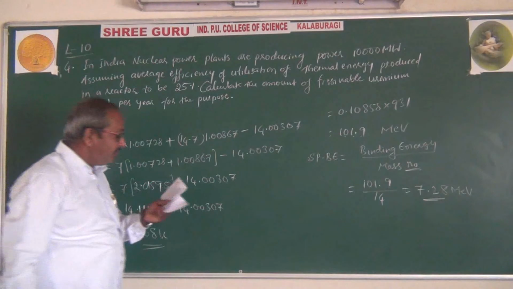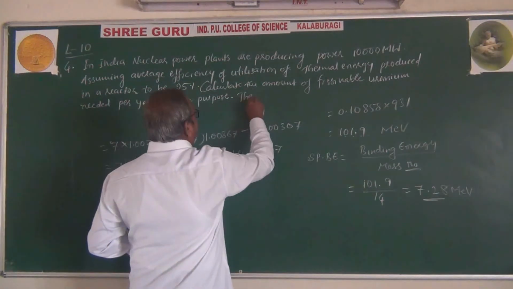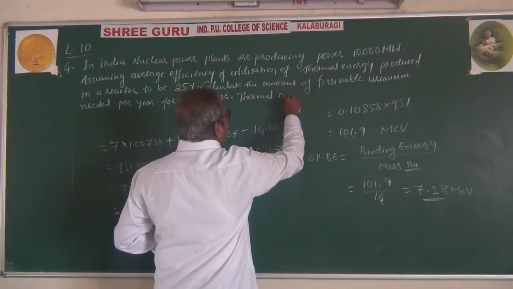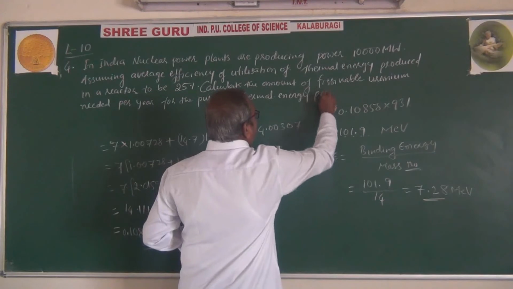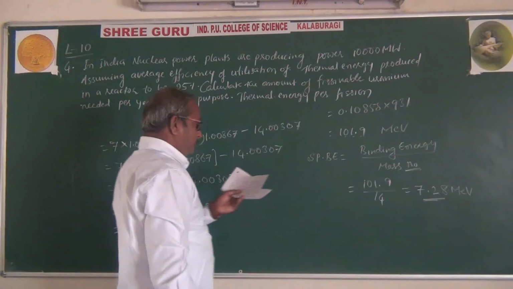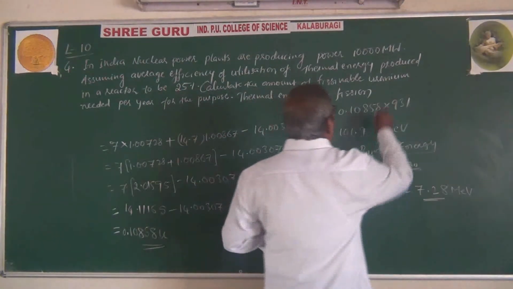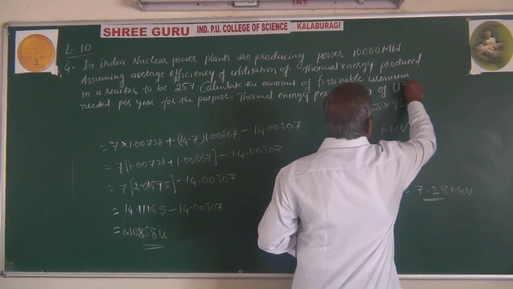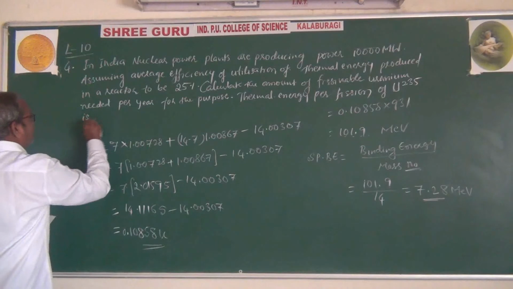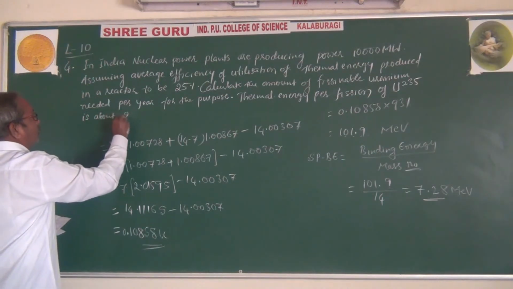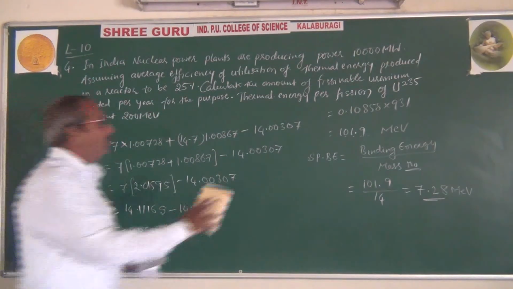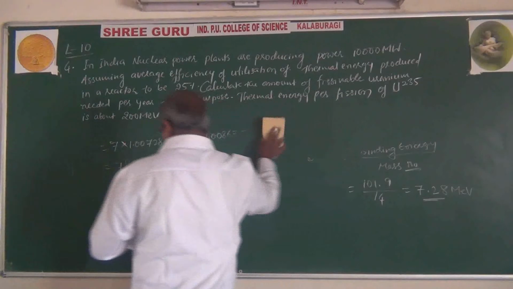Thermal energy per fission of uranium-235 is about 200 mega electron volt.